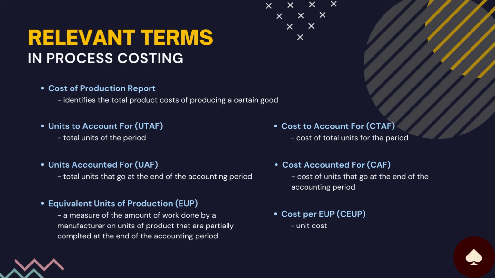Fifth, cost accounted for. This refers to the cost of units that go at the end of the period. In other words, the cost of units accounted for. Sixth, cost per EUP. This is just the unit cost, whereby the computation of which is akin to the computation of units accounted for. It is just that you need to determine the equivalent units for materials and conversion before the actual computation.